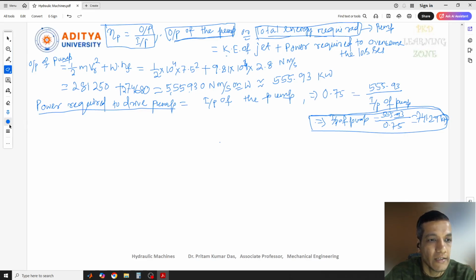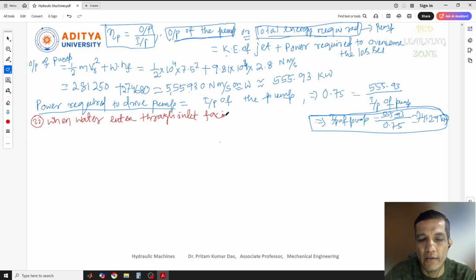Now the second case that was given: when the water enters through the inlet, facing the direction of motion, in the same direction as the ship is moving.